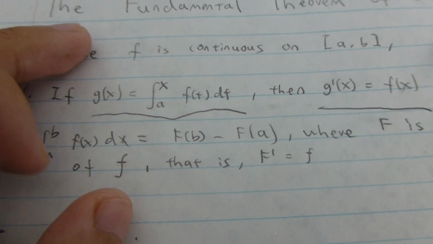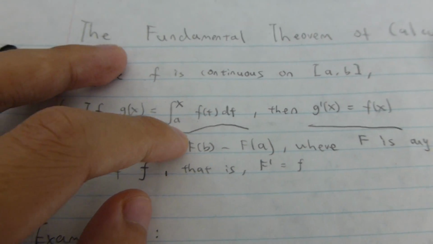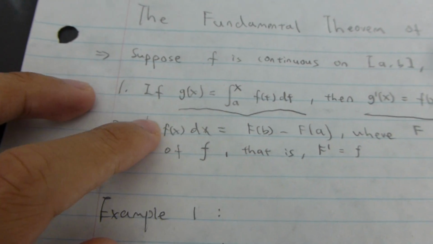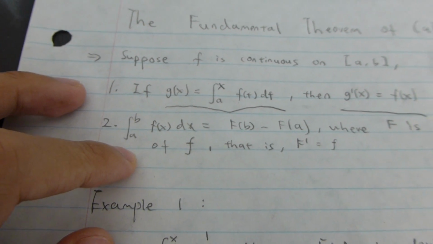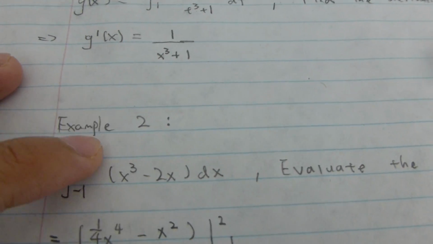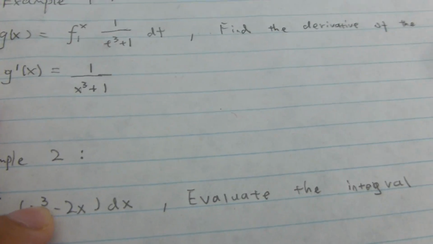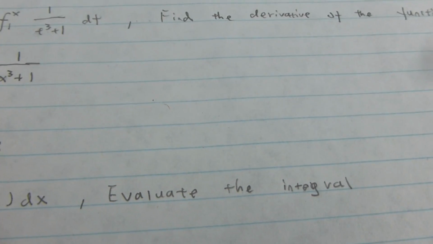The difference between part 1 and part 2 is that in part 1 we have x and only need one number, while here we need both of them, a and b as numbers. In this example we have the integral from negative 1 to 2 of x to the power 3 minus 2x dx, and we're going to evaluate the integral.